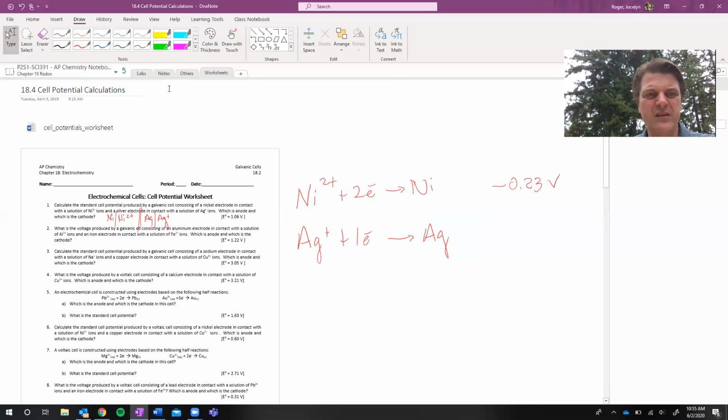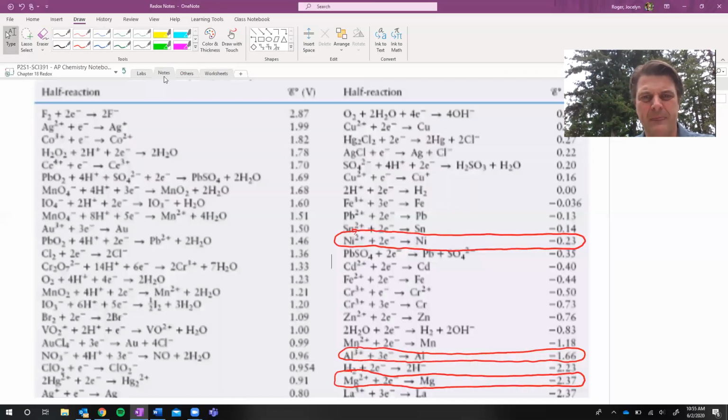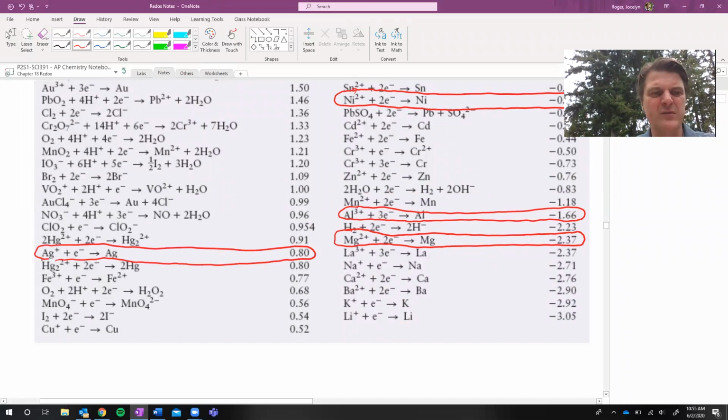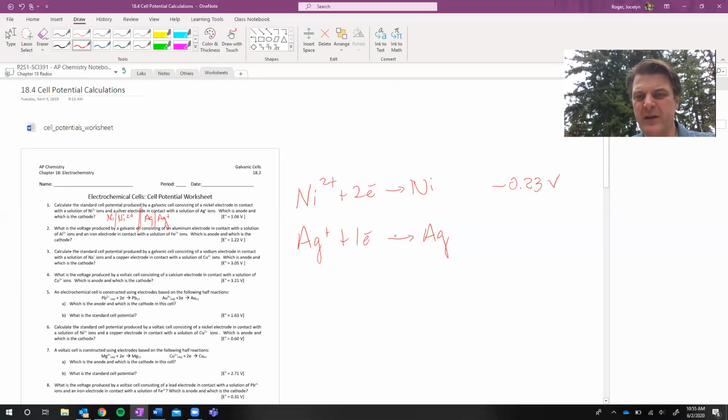And then going to the silver, it is not very reactive, right? So it's going to be higher on the sheet right here. So silver+ plus 1 electron gives silver, positive 0.80. So as it is written here, it is positive 0.80 volts.